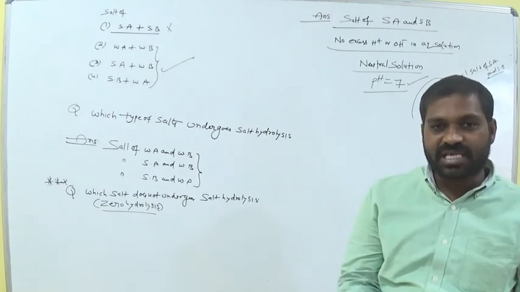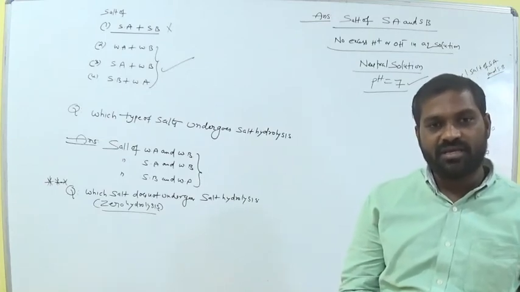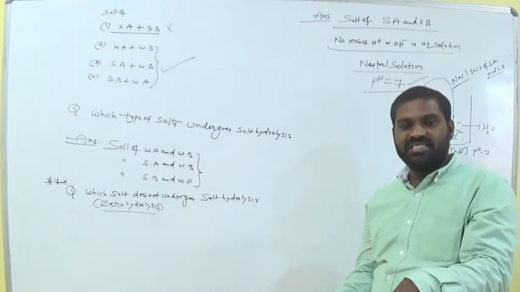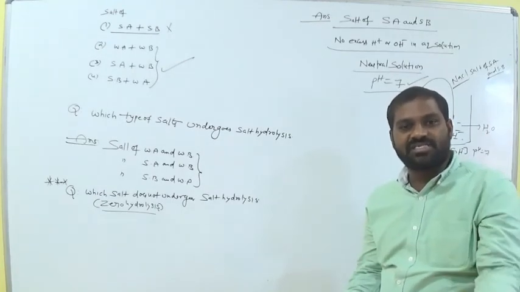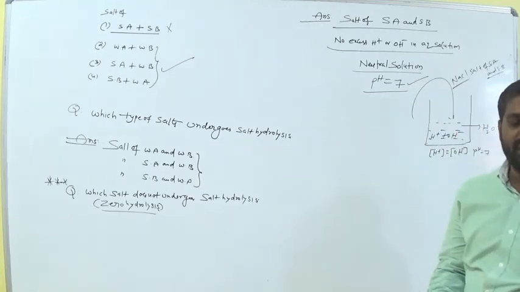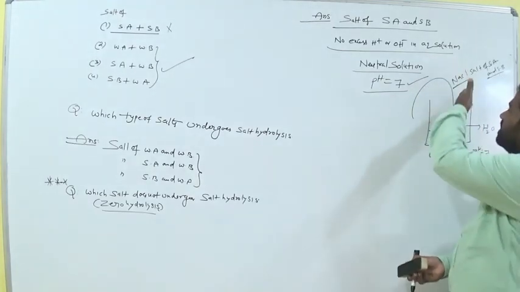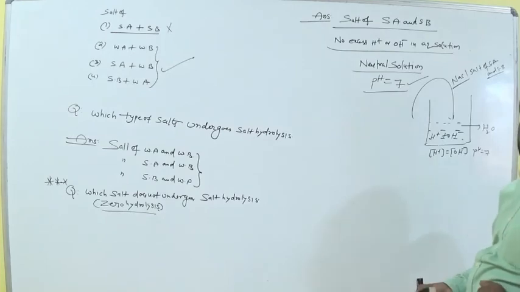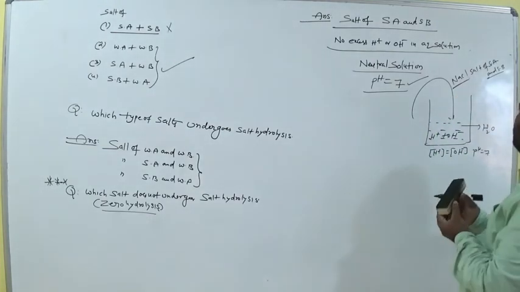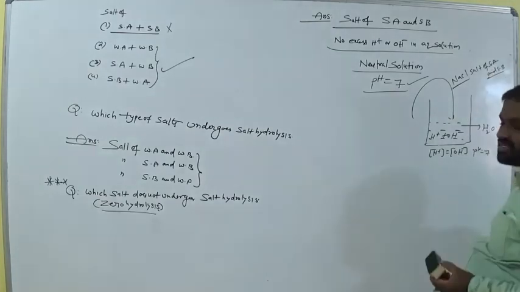That means pH equals 7 or not? 7 only. Okay. So just keep the salt in the water. Is there any change in the taste of the salt? No change. That means no excess H plus or OH minus is produced in the water by adding NaCl. Clear? So NaCl is a salt. It is always neutral. Why? Because it is a salt of strong acid and strong base. Clear?